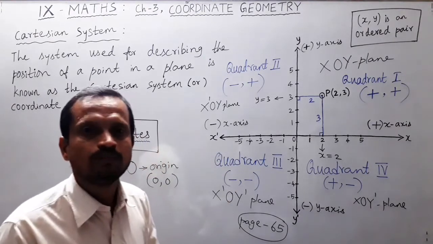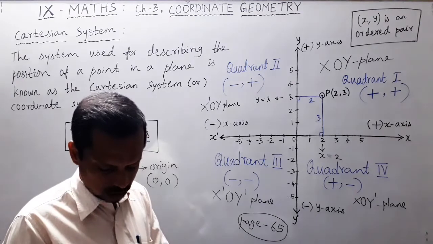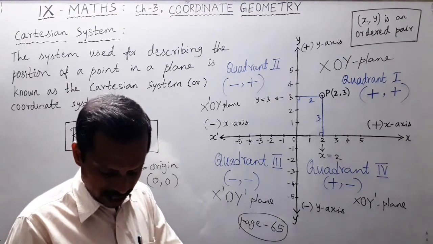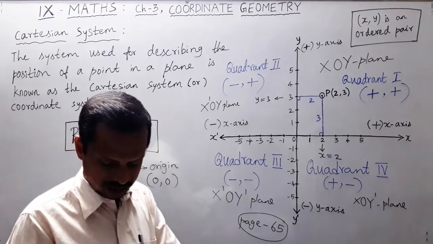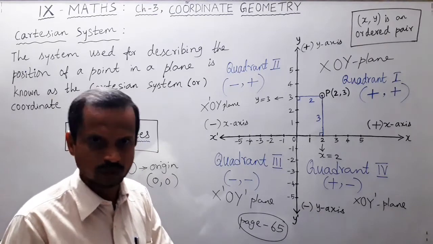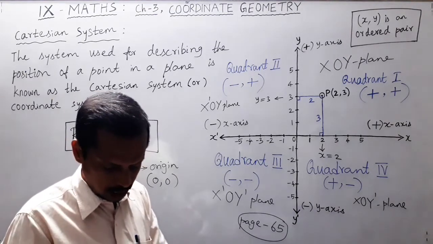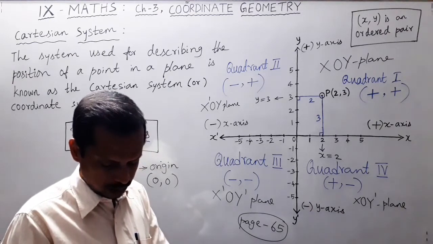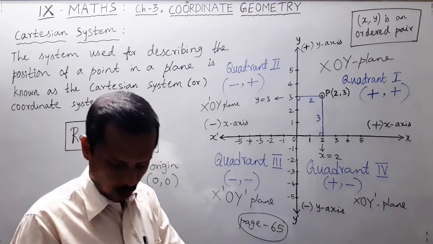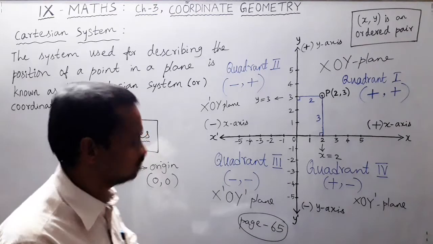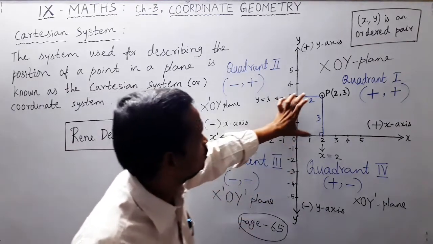And coming to point number 6: the distance of a point from the y-axis is called its x-coordinate. Just focus on that point. Reading again, the distance of a point from the y-axis is called... So distance of a point means, you see, distance.